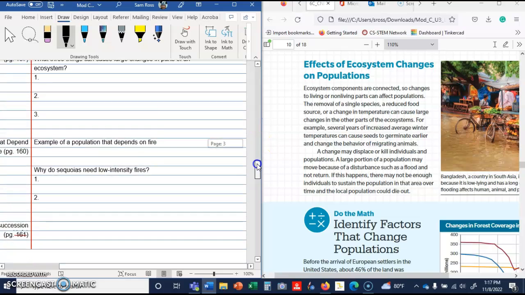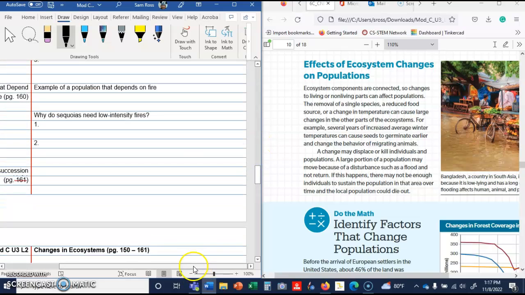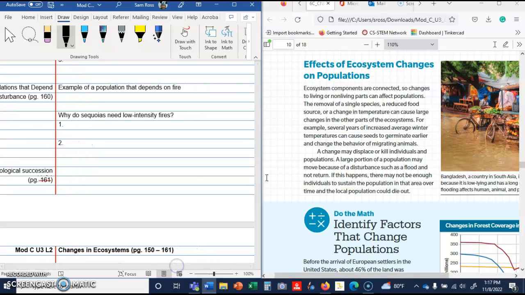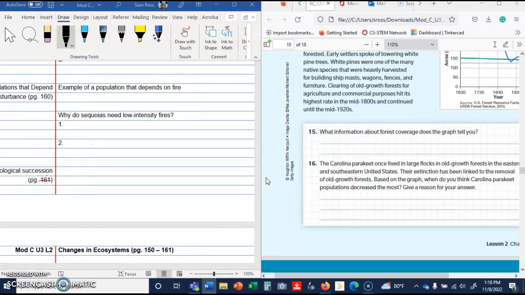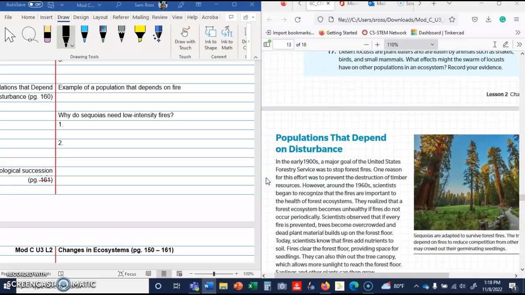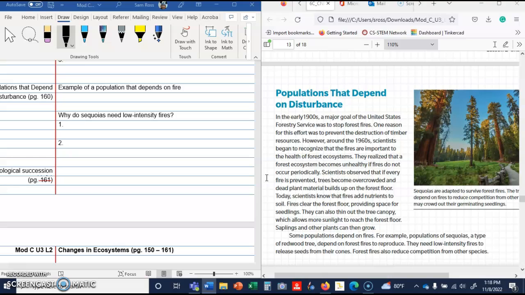Okay. Down here, populations that depend on disturbance. So that's 160. This is 158, 159. This is 160, and there's the title, populations that depend on disturbance. Example of a population that depends on fire.